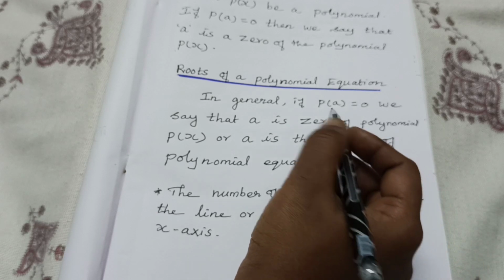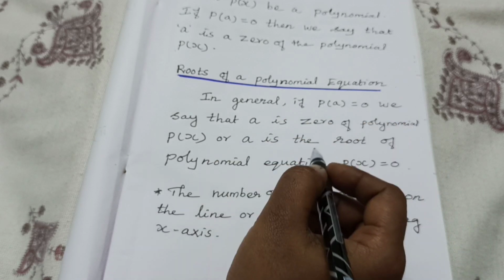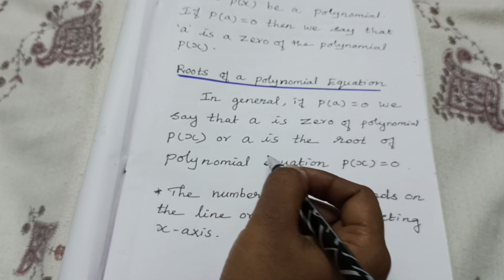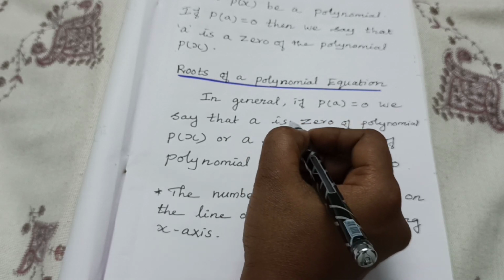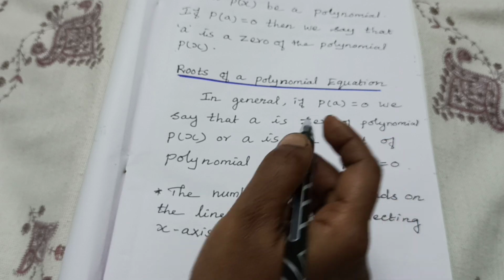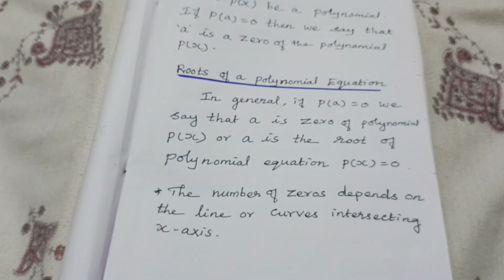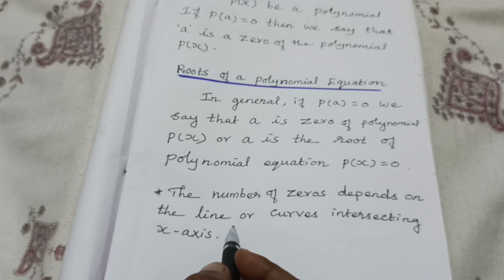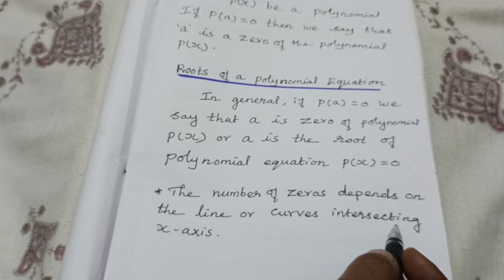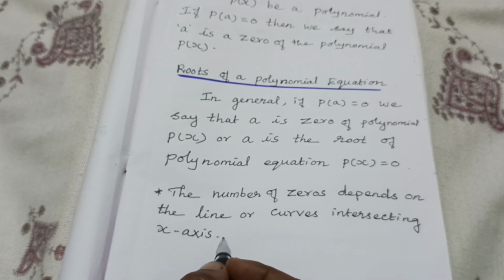The zero of the polynomial and root of the polynomial are both the same, don't confuse it. That value x equal to is the zero of the polynomial or root of the polynomial. Then the number of zeros depends on the line or curve intersecting the x-axis.